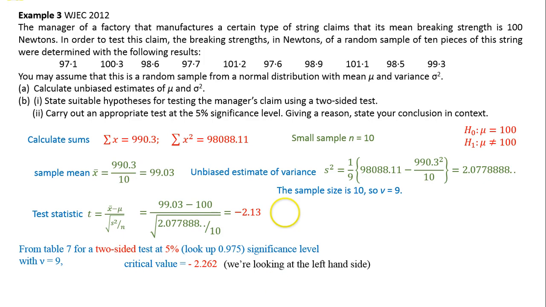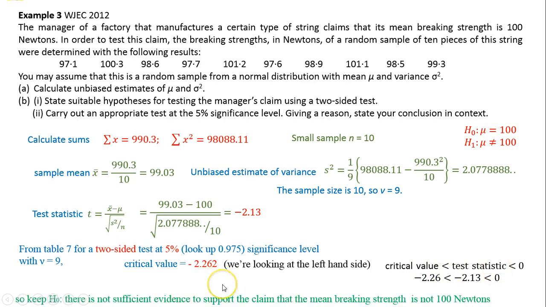We're looking at the left-hand side, so we need the minus in. Comparing the critical value with the test statistic, we see that the test statistic is above the critical value, so keep H0. There is not sufficient evidence to support the claim that the breaking strength is not 100 newtons.